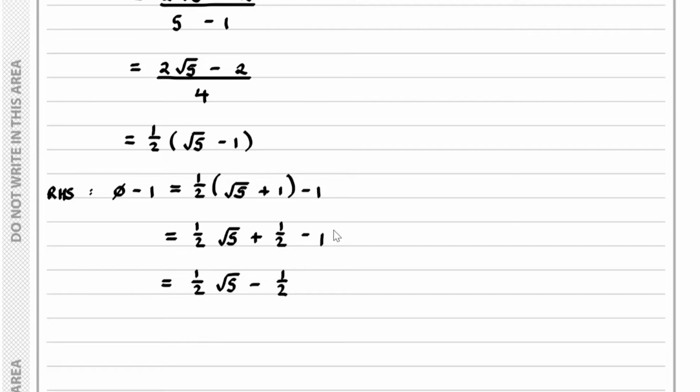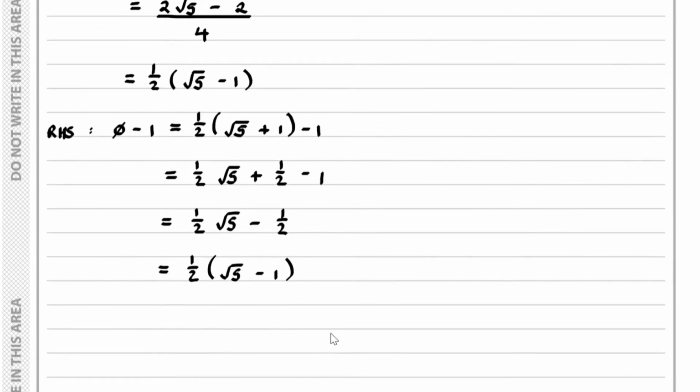And here we get minus 1, because a half minus 1 is minus a half. And if I factorize out the 1/2, we've got 1/2 times root 5 minus 1. And therefore, what we can see then is, as the left-hand side is equal to the right-hand side, we can therefore conclude that 1/phi is equal to phi minus 1.